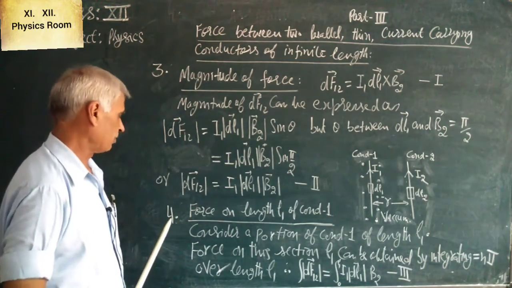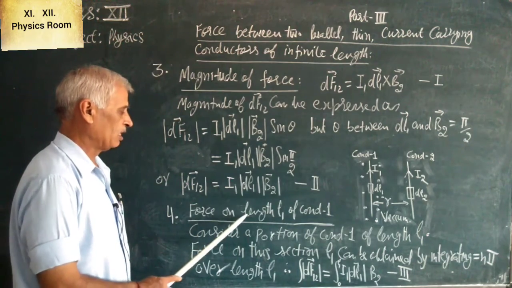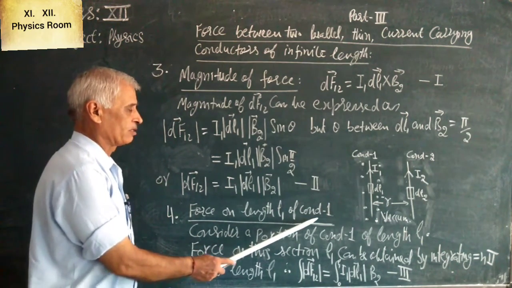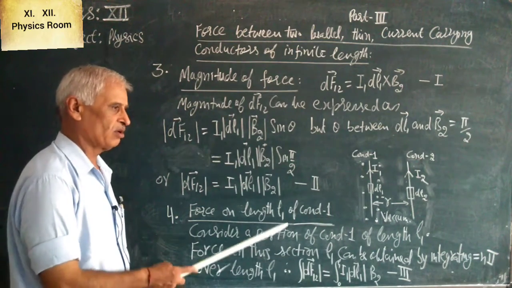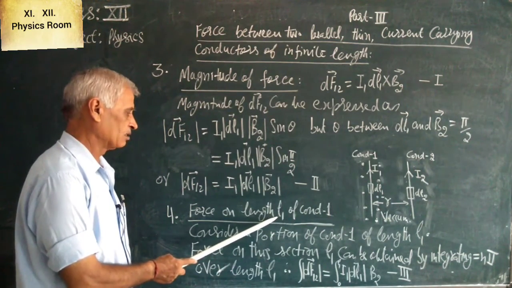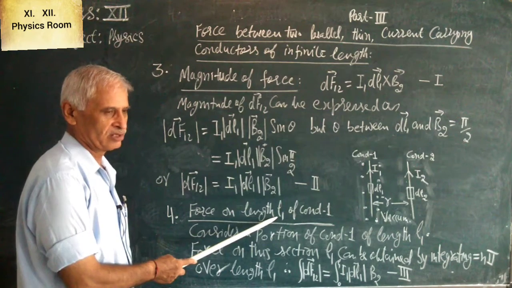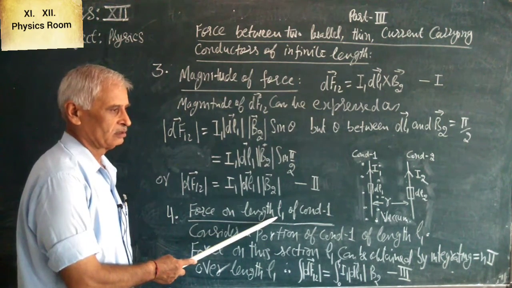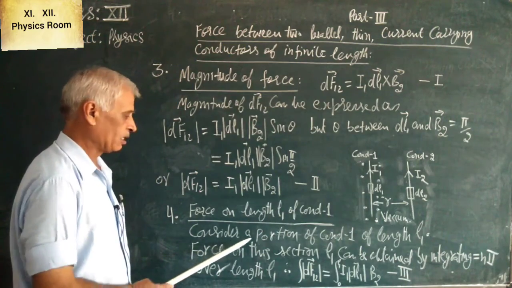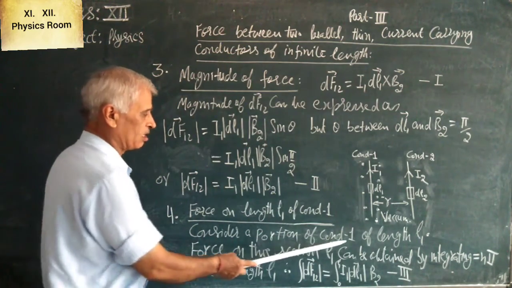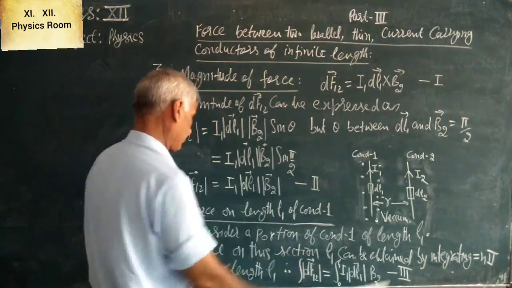Now, fourth step, force on length L1 of conductor 1. Because the conductor is of infinite length, we take a section of its length which is L1. Now consider a portion of conductor 1 of length L1.